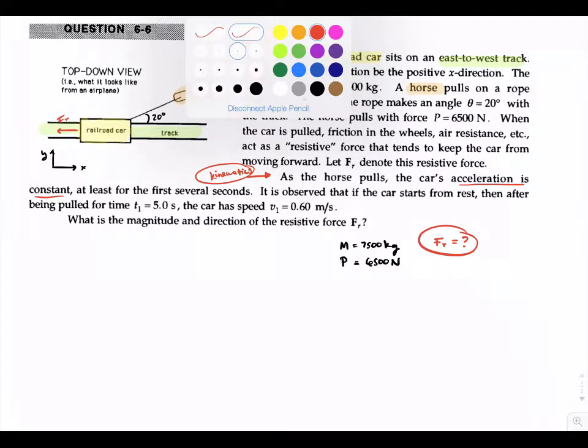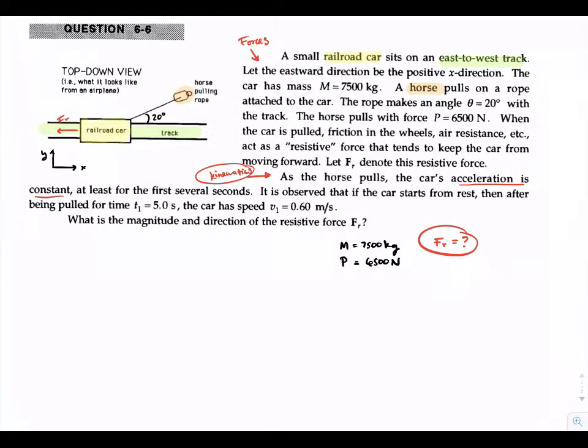Let's write it down maybe in blue. The kinematics information says that we know v initial is 0. We know v1, which is v final, is 0.60 meters per second, and we know our time t1 is going to be equal to 5.0 seconds.